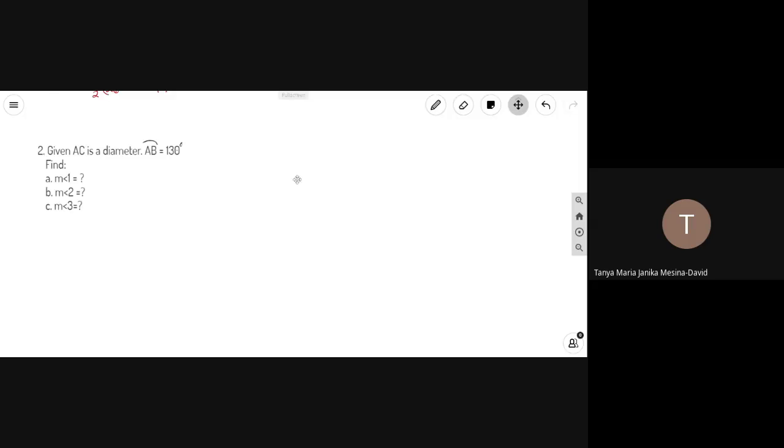So let's have the circle. I will be drawing the circle here. We also have the following points: point A, point B, point C. This is angle 3, this is angle 2, and angle 1.